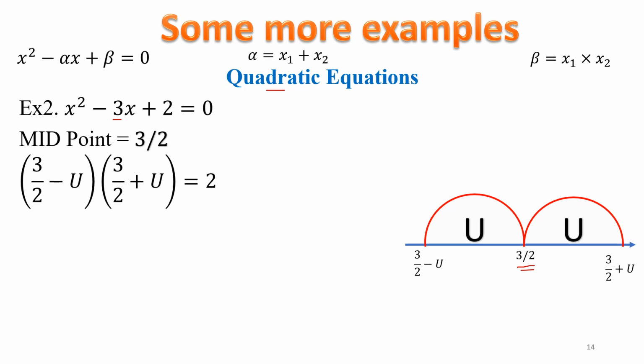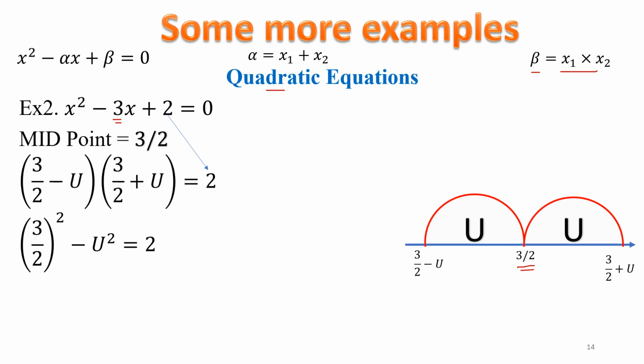So of the two roots, x1 into x2 is equal to beta, and we already know that beta is equal to 2. So (3 by 2 minus u) into (3 by 2 plus u) is equal to 2. Here we are borrowing this value of beta from the equation. Now (a minus b) into (a plus b) will be a square minus b square.